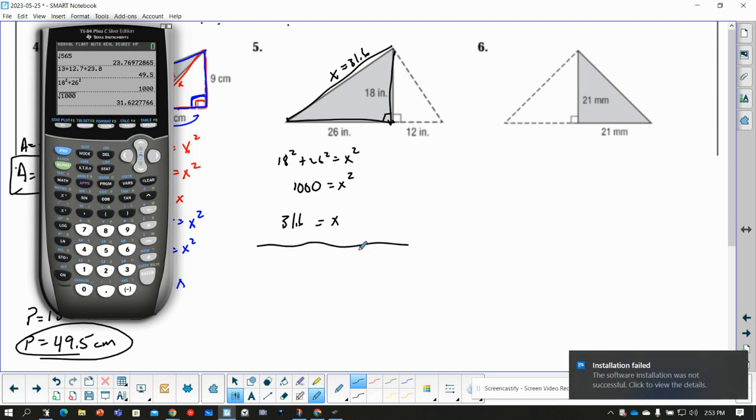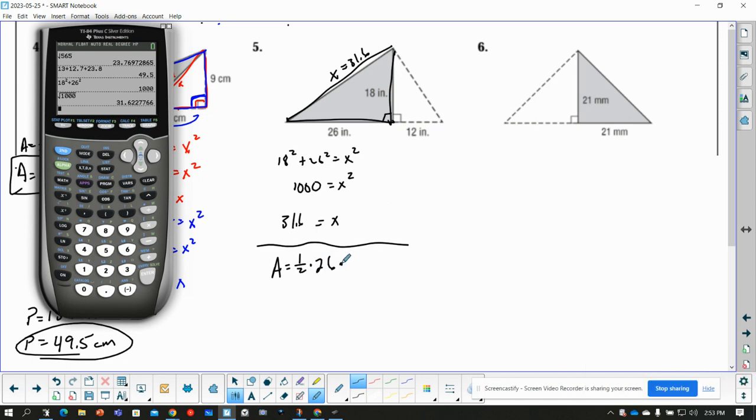All right, so now area is 1/2 times the base, 26, times the height of 18. So 0.5 times 26 times 18 is 234 inches squared.